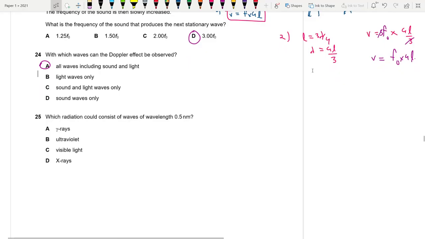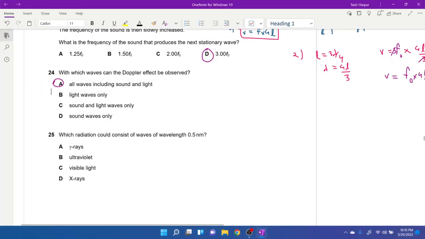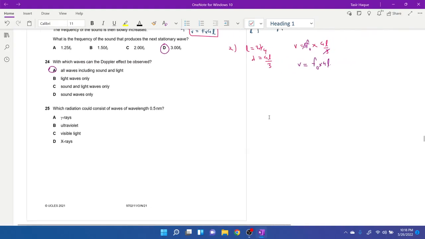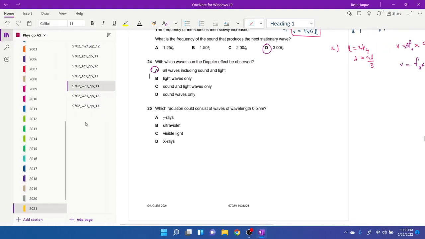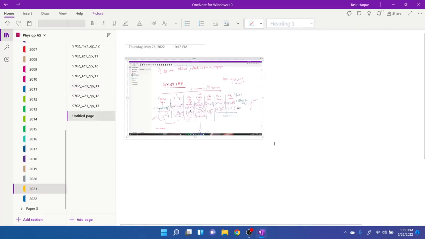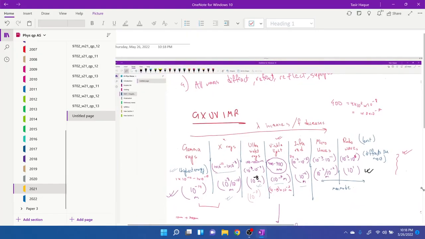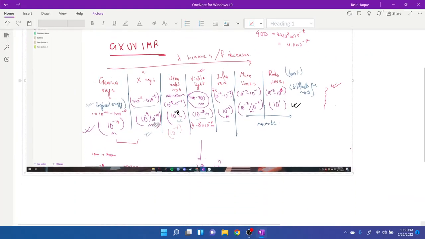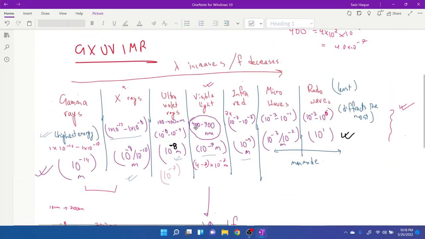Okay, so you guys need to memorize something actually. Why don't I show you guys? So this is basically what you guys need to memorize. Here you go. This is what you guys need. So this is the ultimate sheet for electromagnetic radiation.